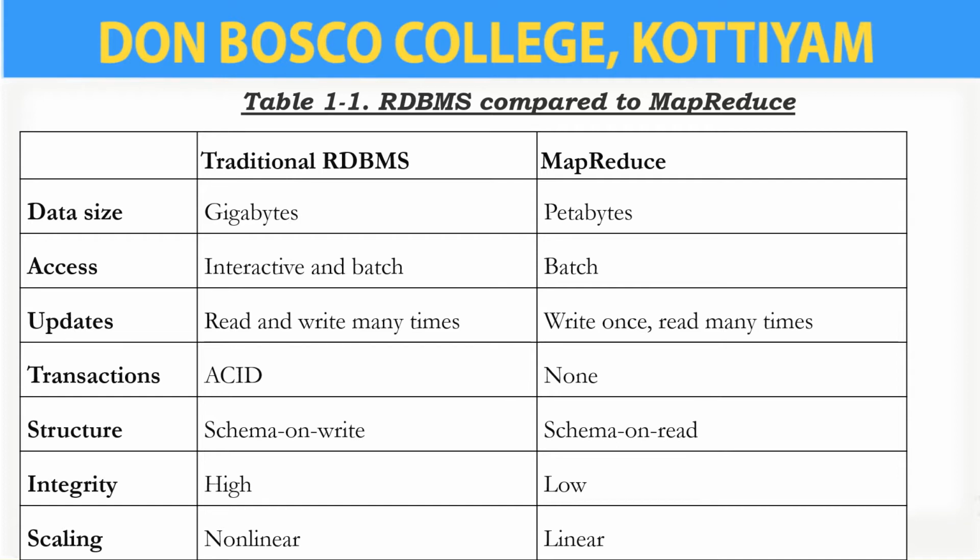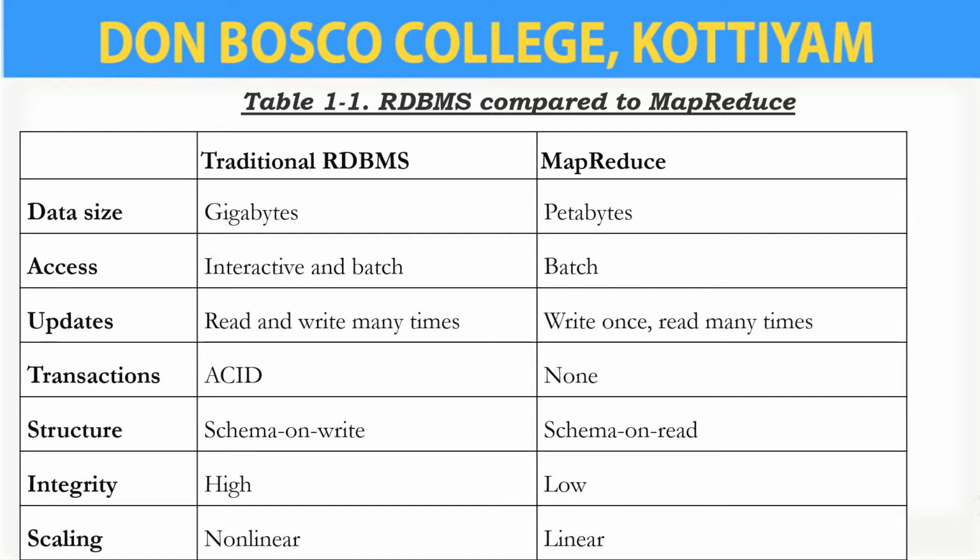And the accessing method is interactive and batch in traditional RDBMS, but in MapReduce there is only batch processing. Then updates: read and write many times in traditional RDBMS, and in MapReduce, write once, read many times.